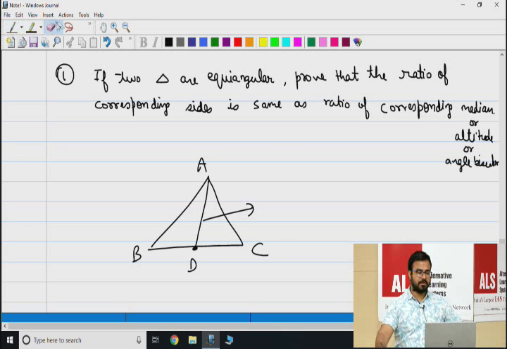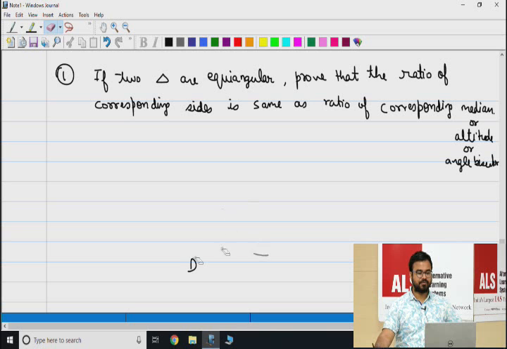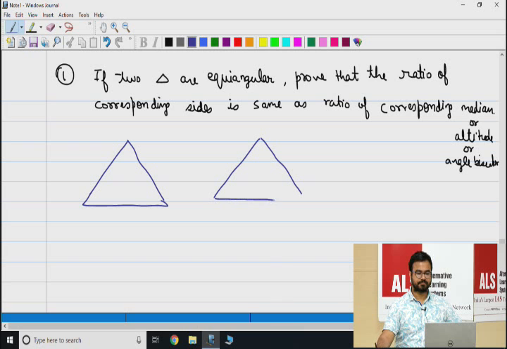So in this question, it says there are two triangles which are equiangular. We know if the triangles are equiangular, it means all the angles are equal, and if all the angles are equal, the triangles are similar. So these two triangles are triangle ABC and triangle DEF.